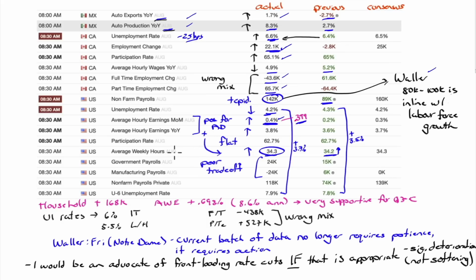When you combine more money per hour on average across the workforce, along with more hours per week on average, look what you get for average weekly earnings, up 0.693%. That's 8.6% annualized. That's very supportive for Q3 consumption and for GDP. C has been the big winner. This does not threaten the C component for Q3.